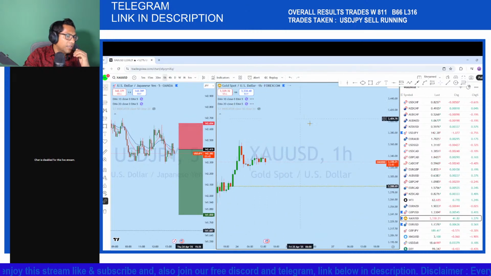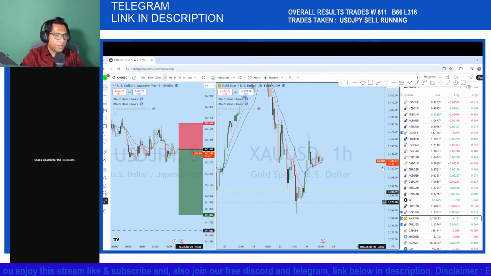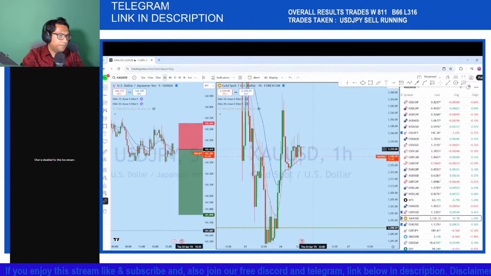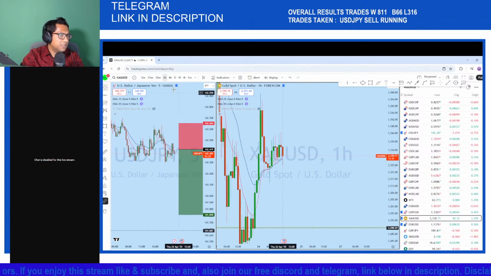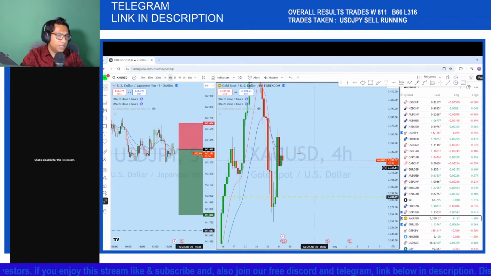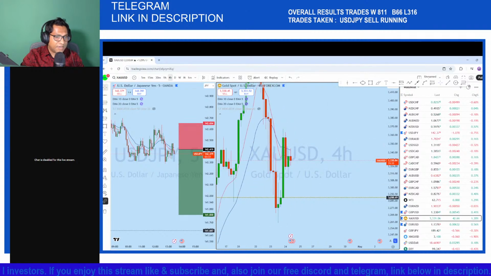Now what we can see on XAUSD is the market possibly moving in this area, where the price is slowly trying to return back down in that direction.